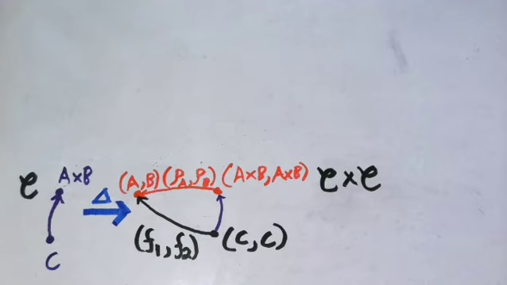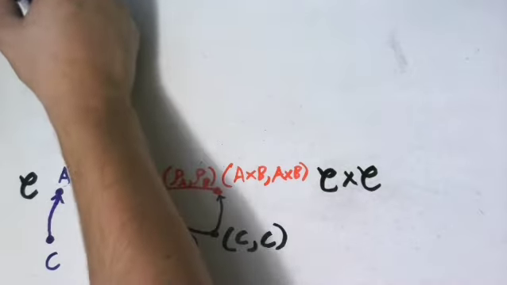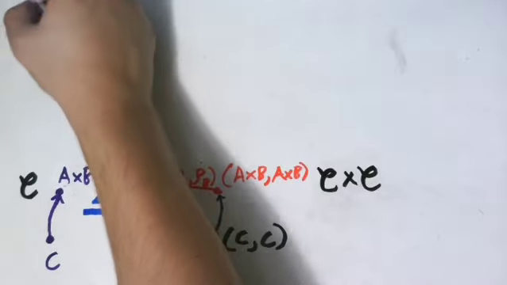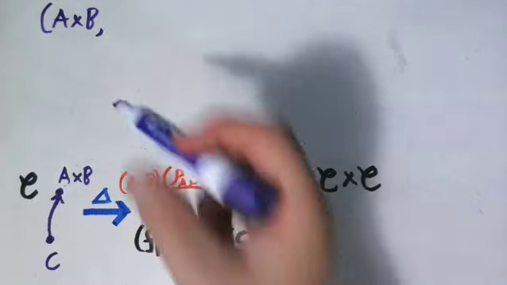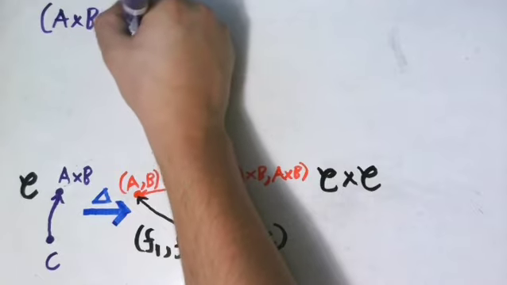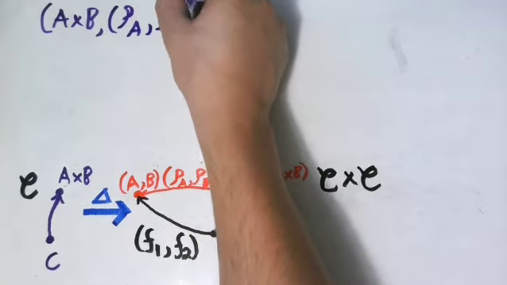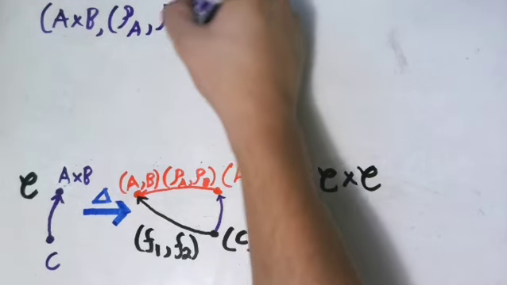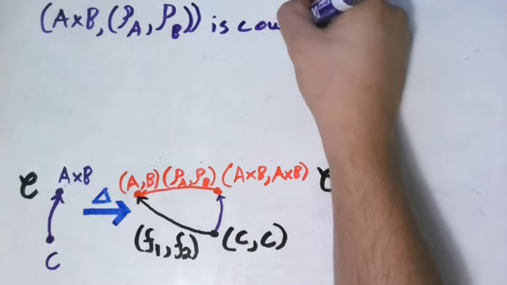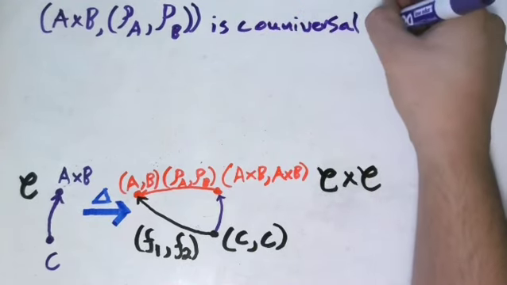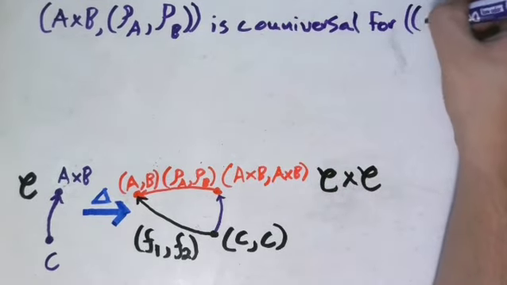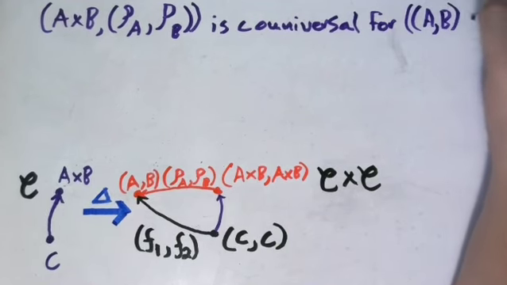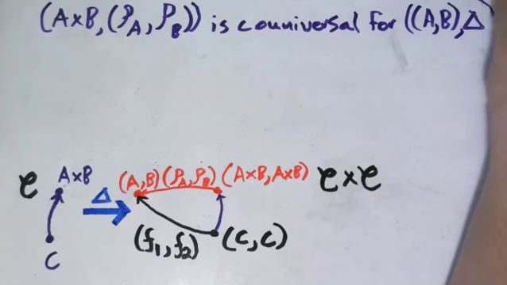So when we say that the categorical product is co-universal for the diagonal functor, what we're really saying is that the pair A cross B and the morphism UD, which in this case is the pair rho A, rho B, the two projections of the categorical product, is co-universal for, well, this is going to be the pair here, the ordered pair A, B, as well as delta, our diagonal functor.